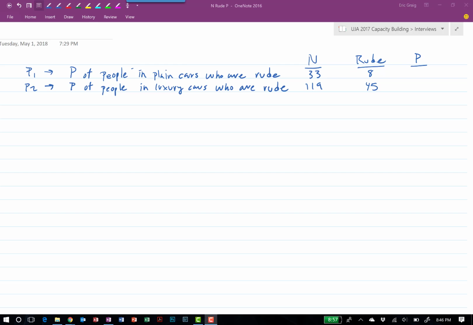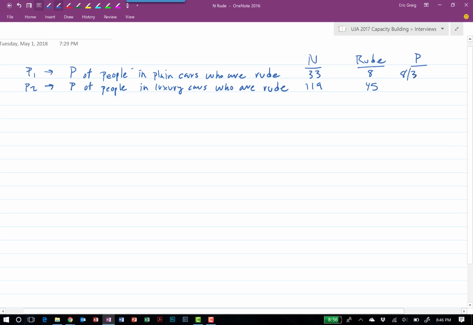And you can see again in this column over here that the number of people that they observed rude in plain cars was 8, and the number of people who were driving luxury cars who they observed behaving rudely was 45. So we can compute the proportion, which of course is what we'll need to do.